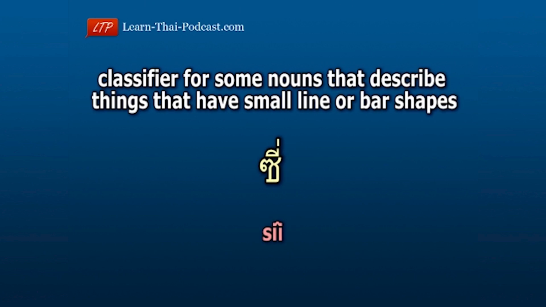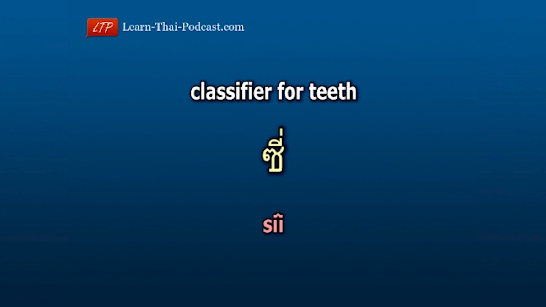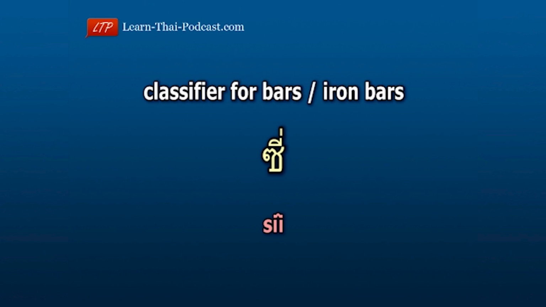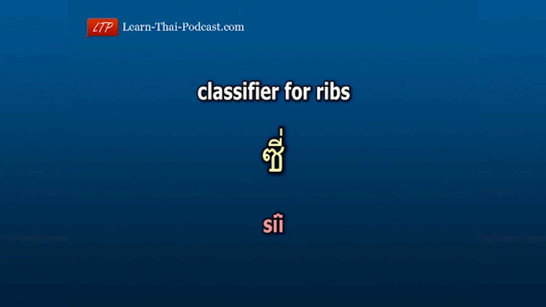Some nouns that describe things that have small line or bar shapes use the word ซี่ as their classifier. For example, classifier for teeth, ซี่. Classifier for bars or iron bars, ซี่. Classifier for ribs, ซี่.